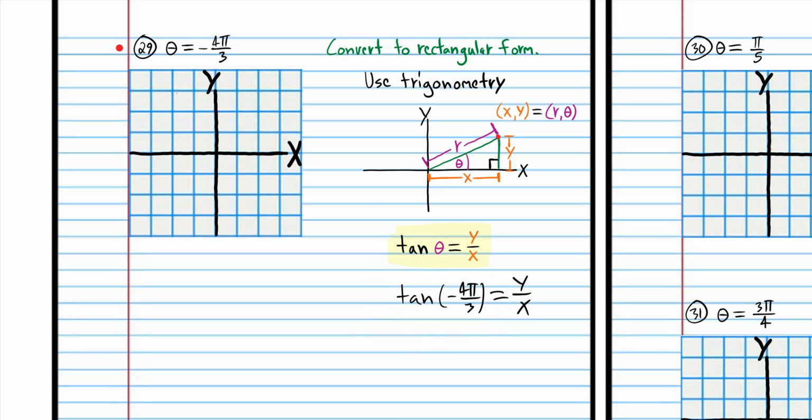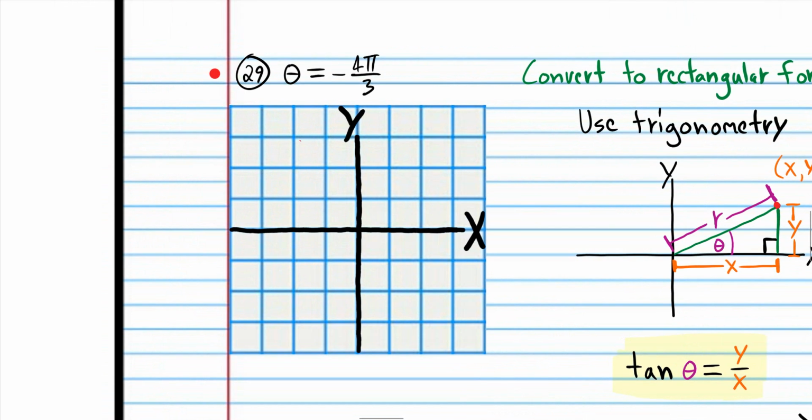That's tangent negative 240 degrees. So we can use this graph to help us with that. So we're going to rotate negative 240 degrees, and then we get a triangle that looks something like this. And this side is going to be, well, the reference angle is 60, and this angle obviously has to be 30.